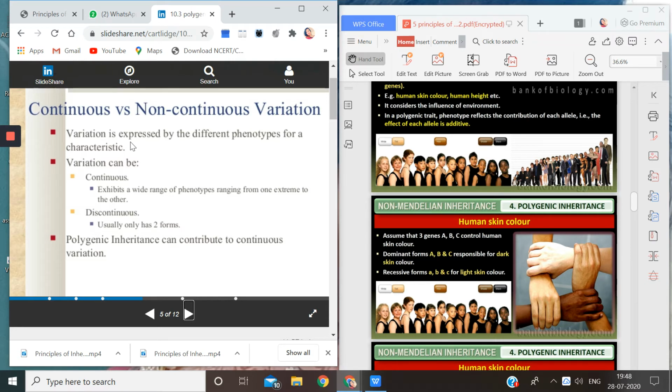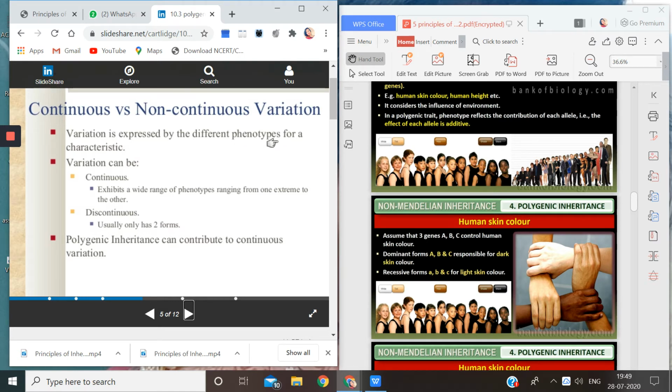Suppose skin color is the character. Because all the skin colors are different, all the phenotypes are different. You know now what a phenotype is. I always say, whatever is the result, that is the phenotype. So if skin color is the character and every skin color has a different phenotype, only then will we say there is variation.